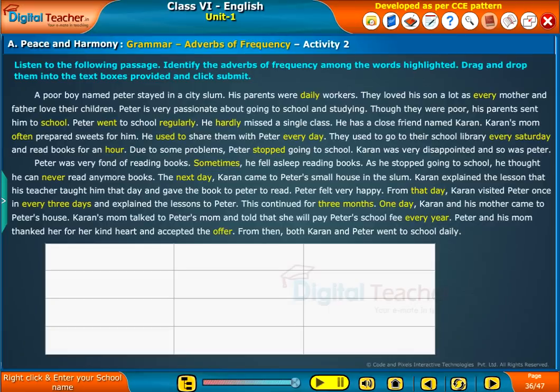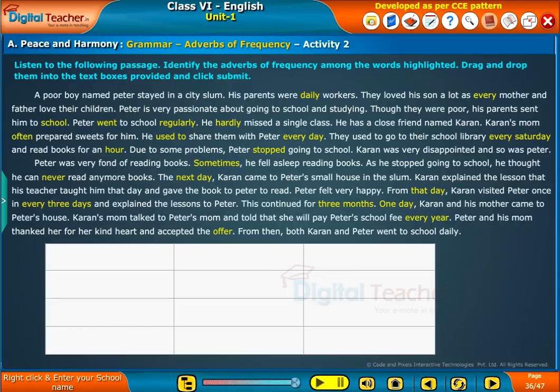The next day, Karan came to Peter's small house in the slum. Karan explained the lesson that his teacher taught him that day and gave the book to Peter to read. Peter felt very happy. From that day, Karan visited Peter once in every 3 days and explained the lessons to Peter. This continued for 3 months.